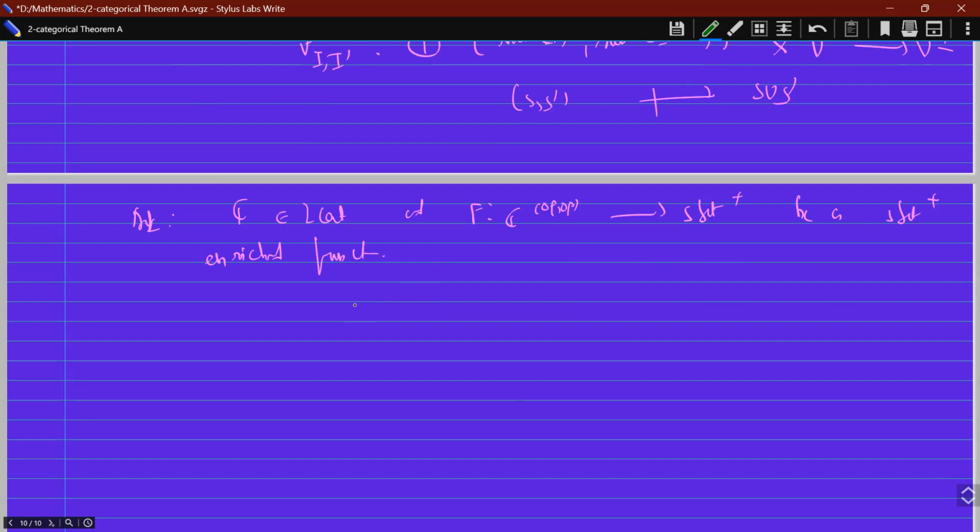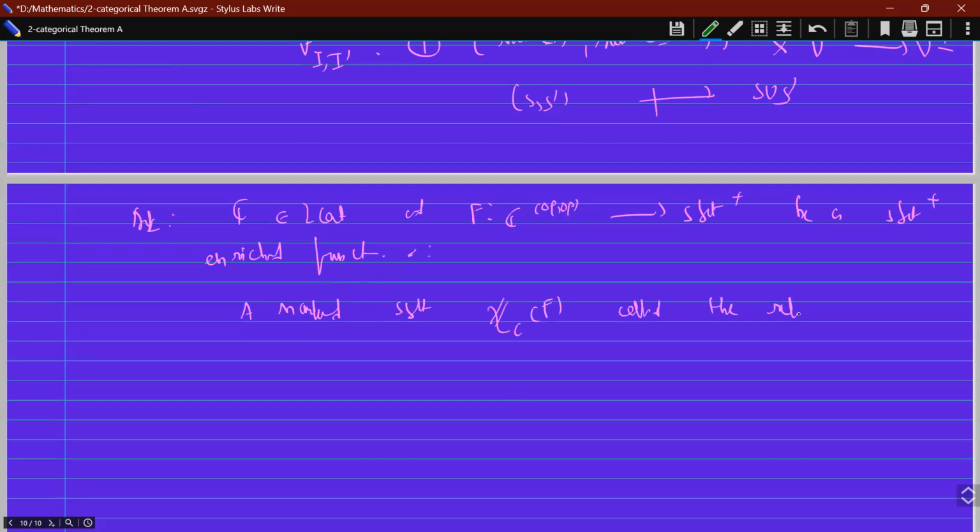Marked simplicial set. So this is the notation that we're using.